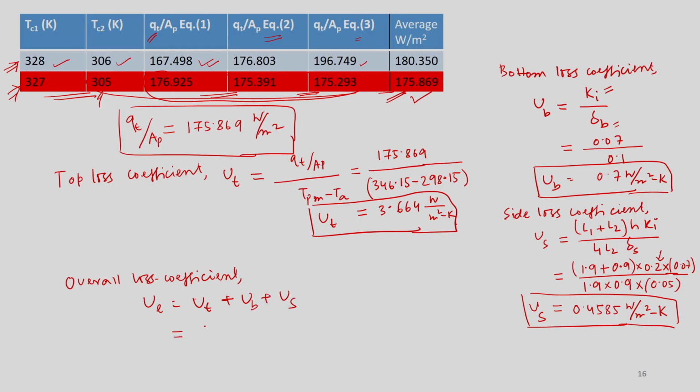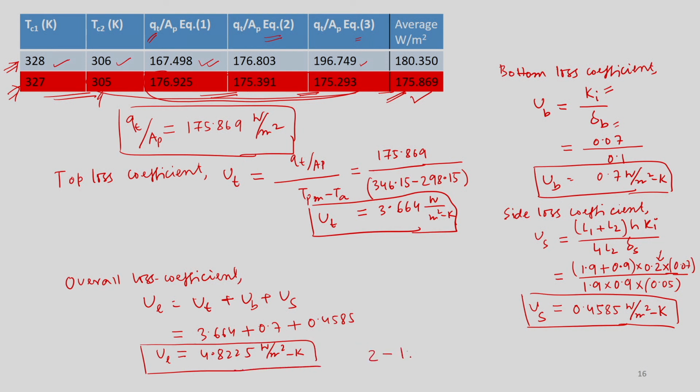Okay. So, if we substitute those values, 3.664 plus UB which is 0.7 plus 0.4585, it is found to be 4.8225 watt per meter square Kelvin. Okay. So, this is the overall loss coefficient which is in between 2 to 10 watt per meter square Kelvin, which is recommended. Okay. So, our design is a good design.